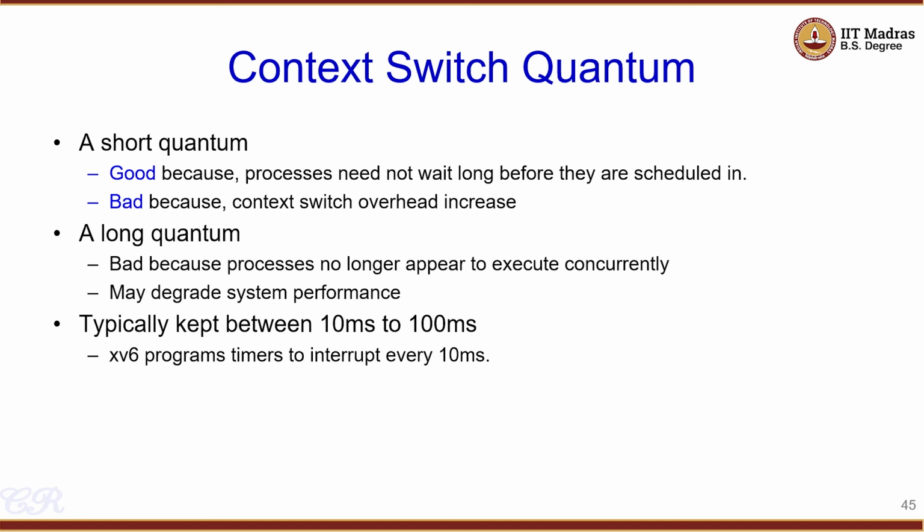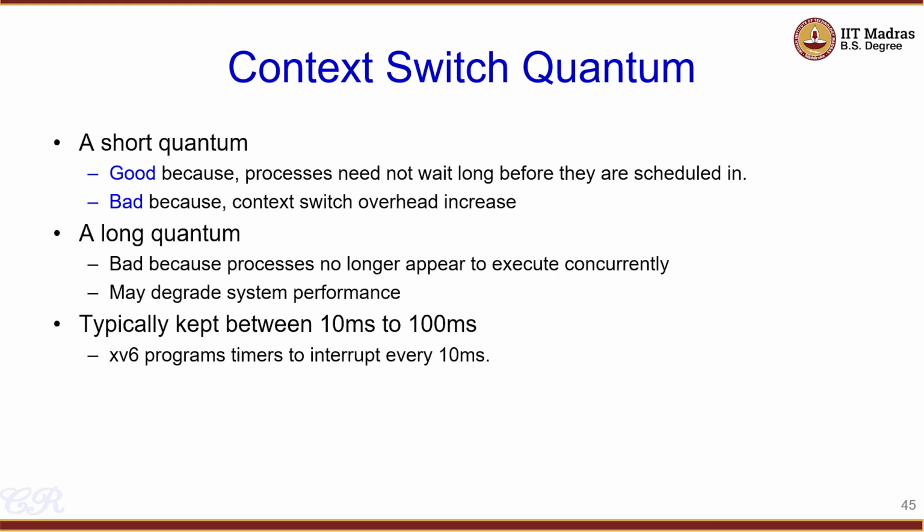Should it be a few nanoseconds? Should it be a few milliseconds or seconds? That is something which depends a lot on the system and the type of application. Now, if the time slice is too short, it has certain benefits. For example, processes which are present in the runnable queue do not have to wait too long before they are scheduled in and go into the running state.